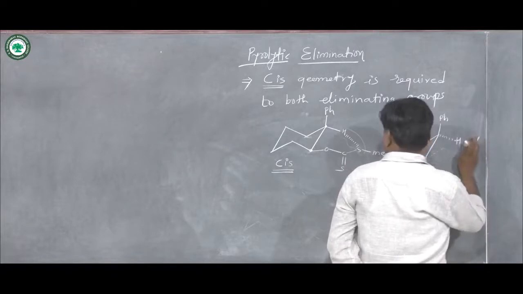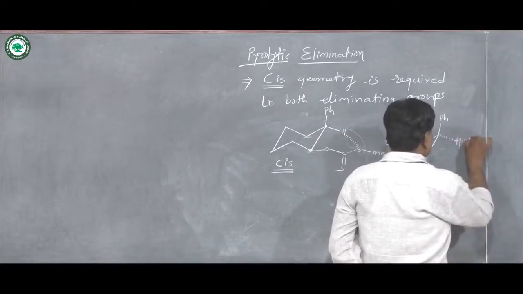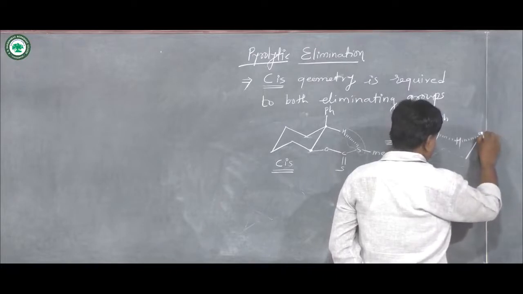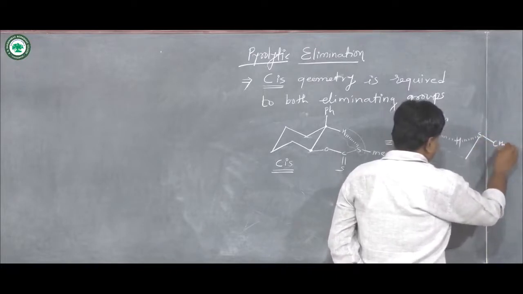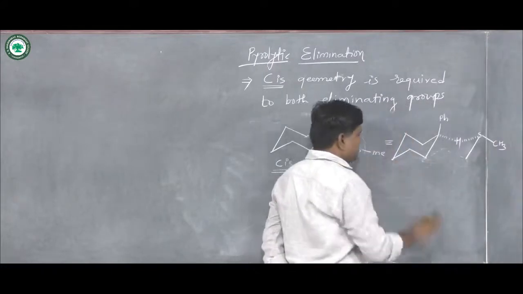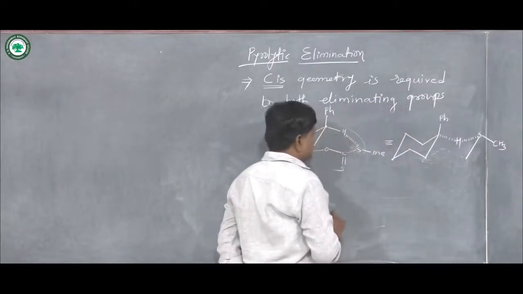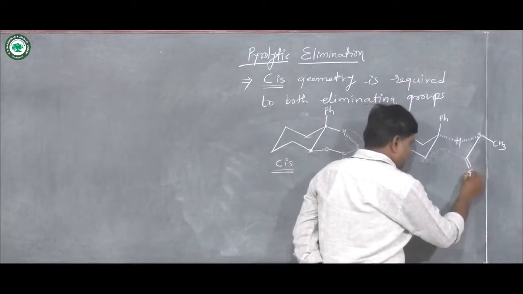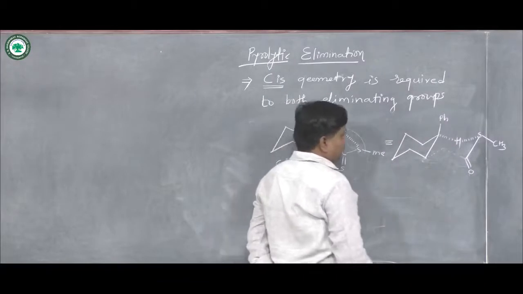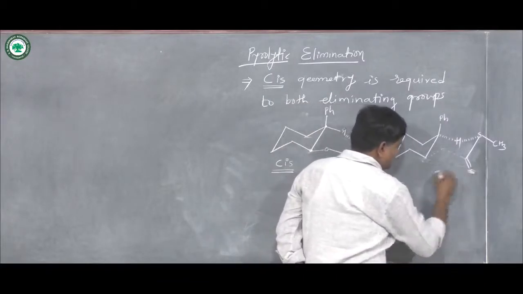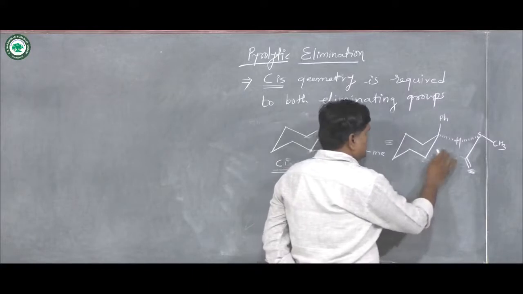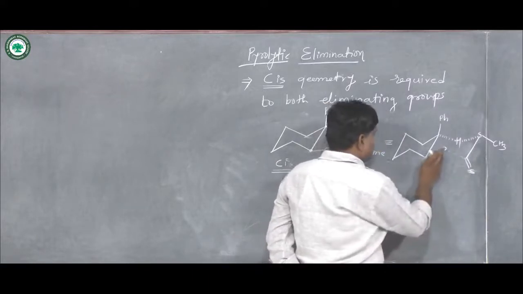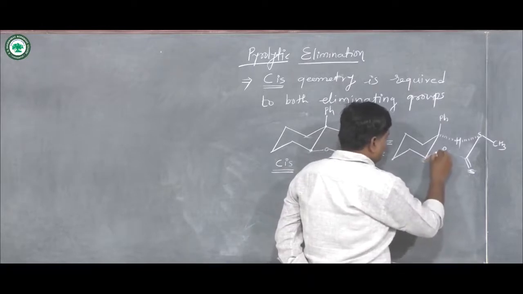Here this is a sulfur having one methyl group. I write this methyl at the equatorial position. Why? Because that is a stable position. Then next is the carbon having carbonyl. Sorry, this is sulfur. Here we write oxygen.